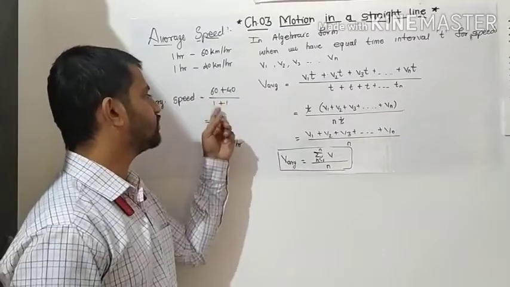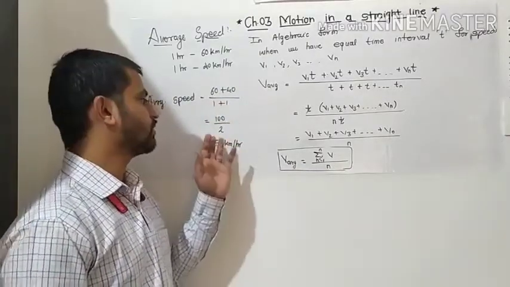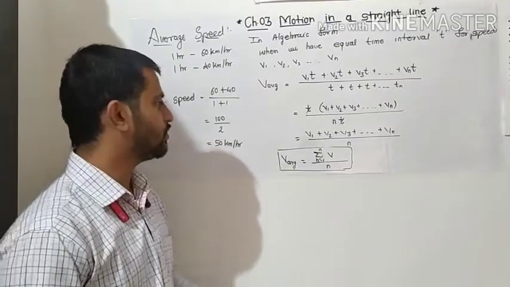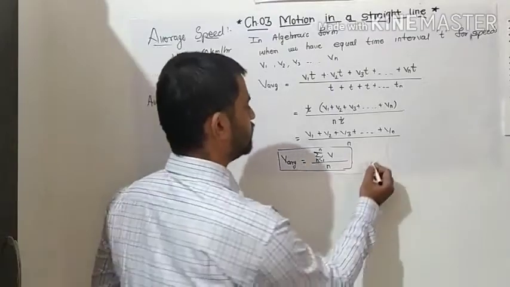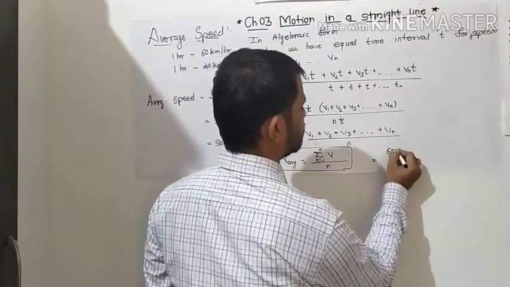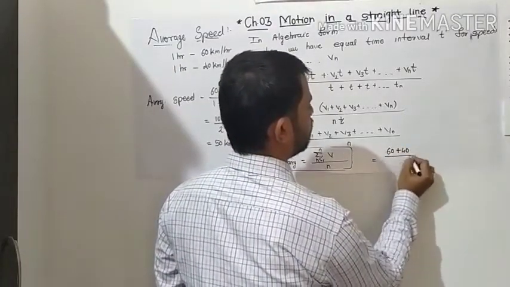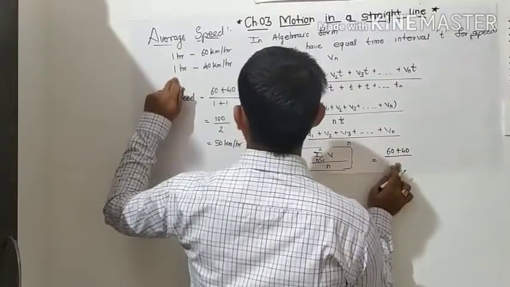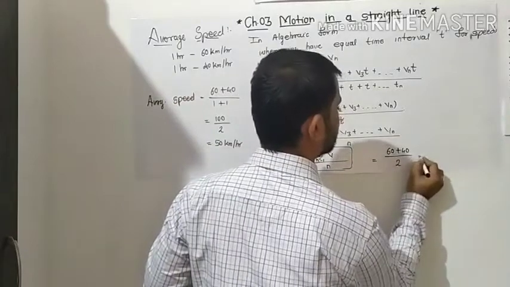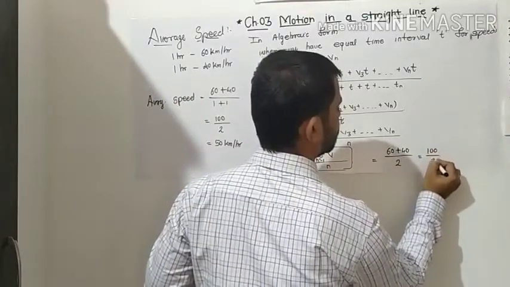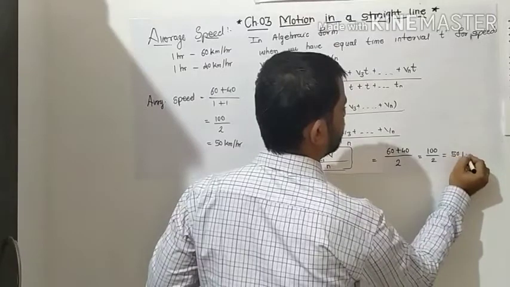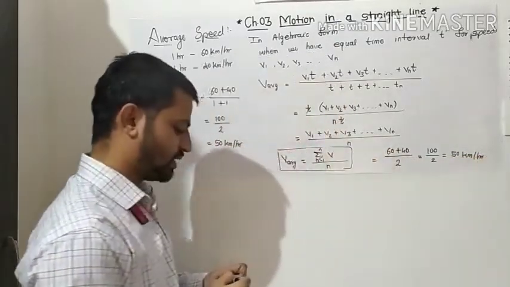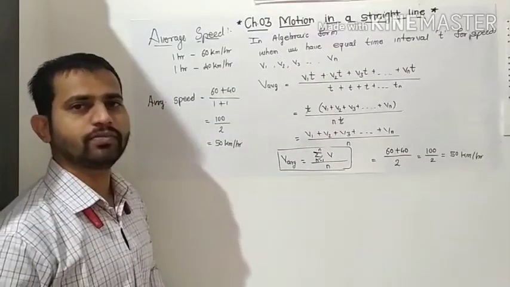For the first it is 60, for the second it is 40, so two intervals are there. So 100 upon 2 will give us 50 kilometer per hour.